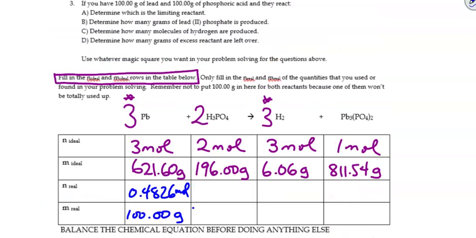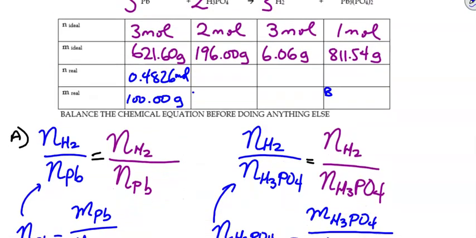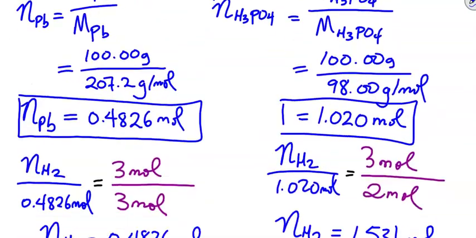Okay, so that's question A. How many grams of lead-2-phosphate are produced? So we're going here for our next target. Well, in this case, I would just use the mass to mass. That's the quickest way to go.